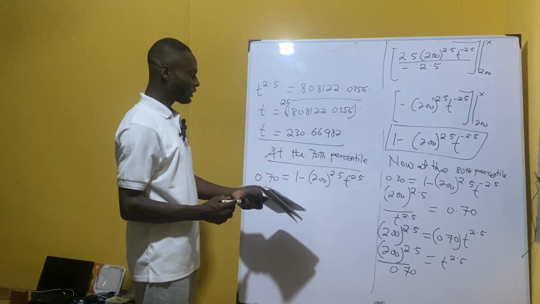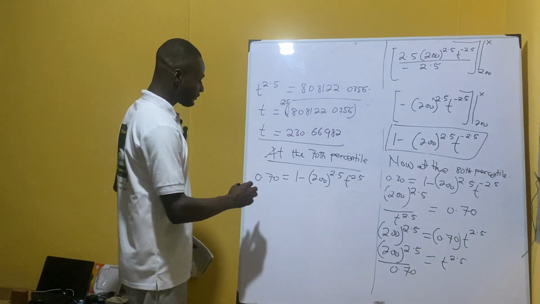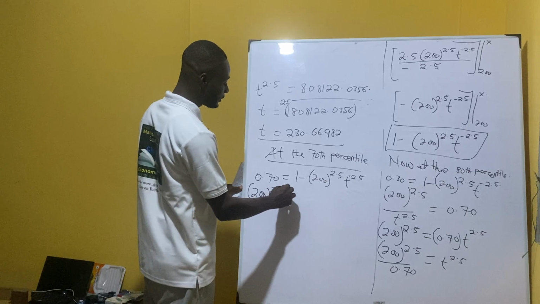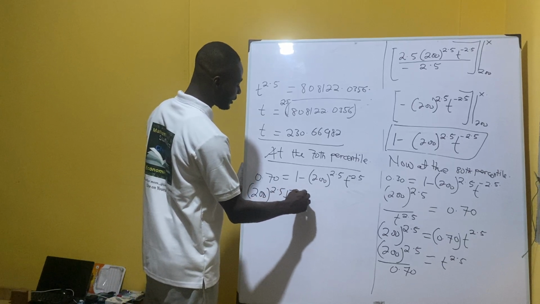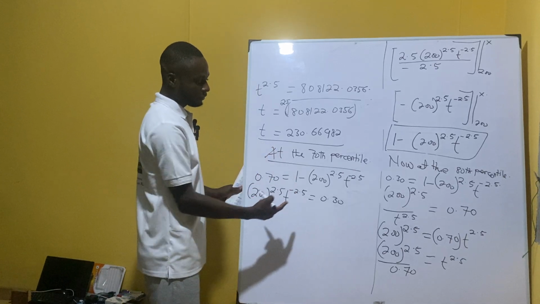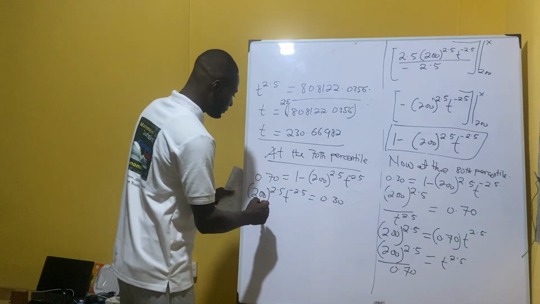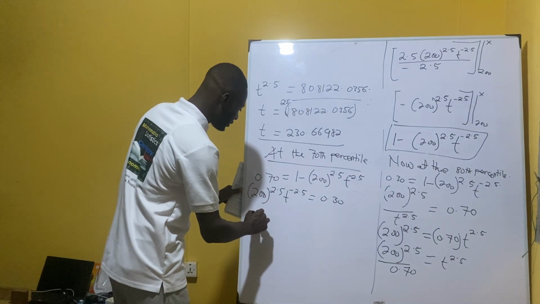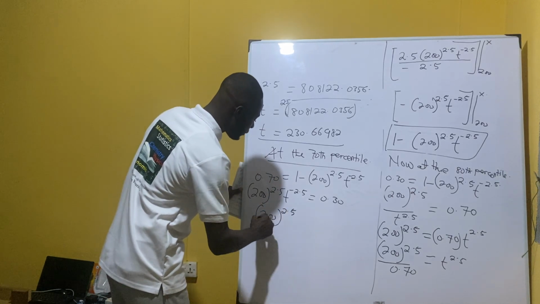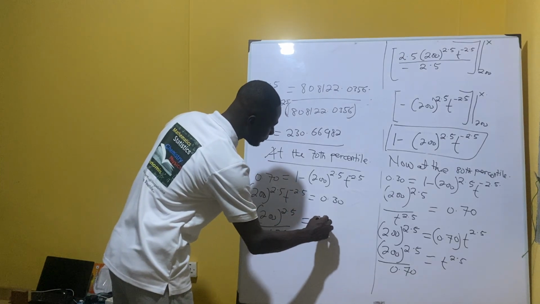So from here, we bring this here and we send this there. So we have 200 power 2.5 t power negative 2.5 should be equal to 0.3, because we have 1 minus 0.7. This simplifies to 200 power 2.5 all over t power 2.5 should be equal to 0.3.